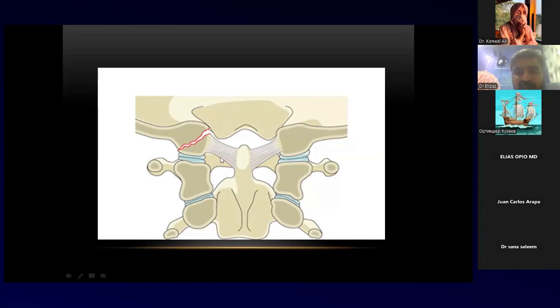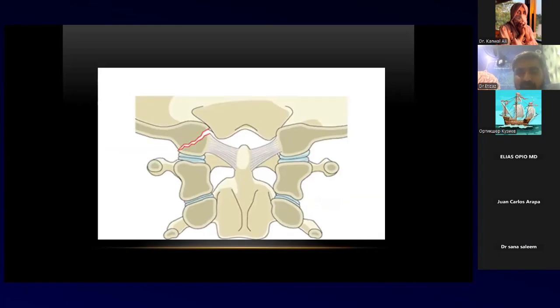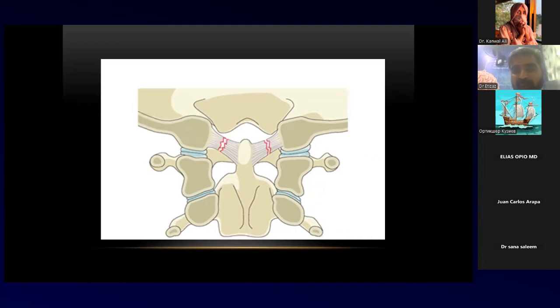This is the type 1 classification of the craniovertebral occipitocervical injuries. And the second is type 2, which is a bit more severe than type 1. That is the ligamentous injury. When the most important ligaments, the alar ligaments, are disrupted bilaterally, it is called a type 2 injury.